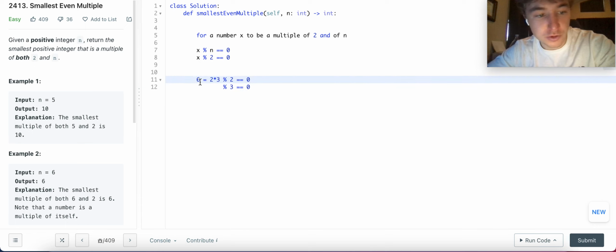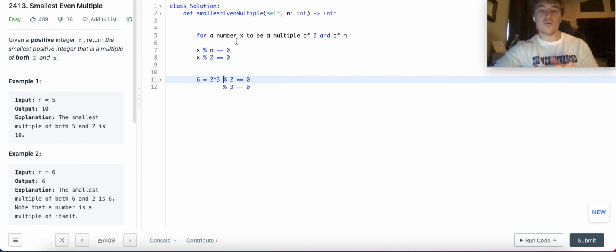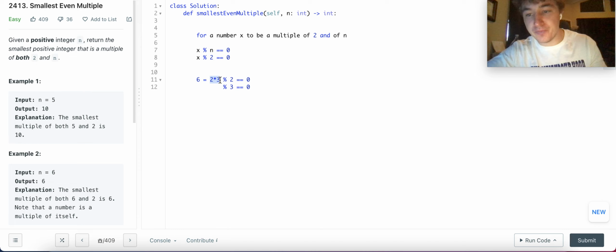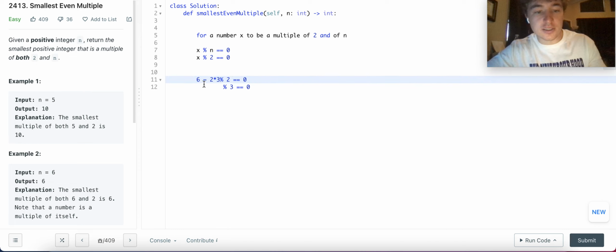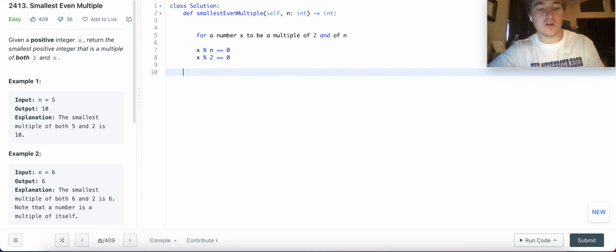So 6 is a multiple of 2 and 3. Okay? So really, when something's a multiple, it's basically just saying what product can be used to create that number, right? So for 6, it's a product of 2 times 3. You take 2 times 3, you get 6. So that means that 6 is a multiple of 2, and 6 is a multiple of 3, okay?